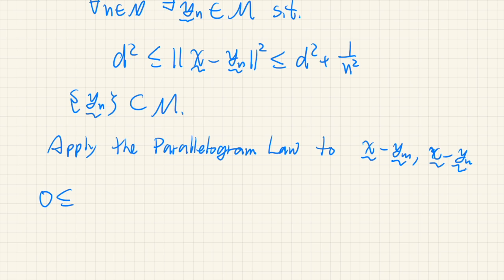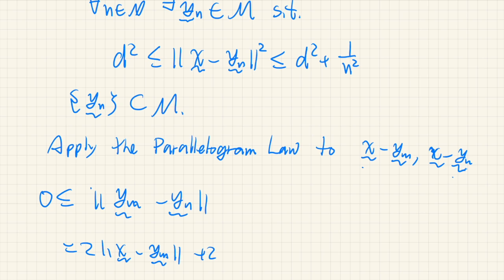So 0 is less than or equal to the norm of ym minus yn squared, which is equal to 2 times the norm of x minus ym squared plus 2 times the norm of x minus yn squared, minus the norm of 2x minus ym minus yn squared.